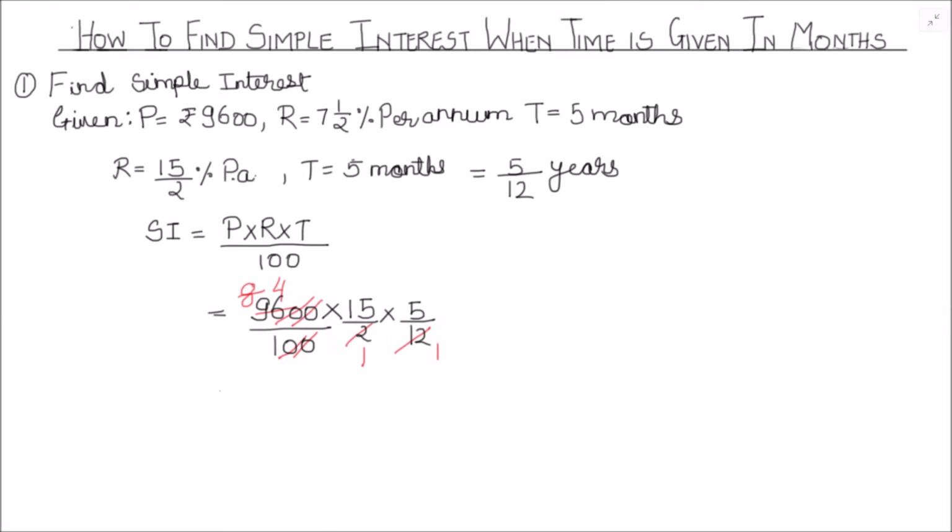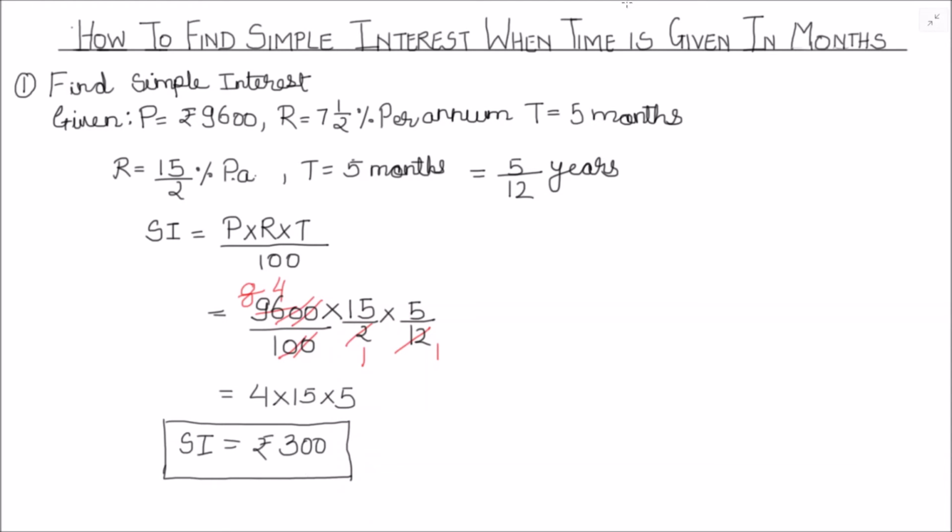So we are left with 4 times 15 times 5, which comes out to be 300 rupees. This is our simple interest. So simple interest on amount of rupees 9600 for 5 months at a rate of 7.5% is 300 rupees. This is our final answer.